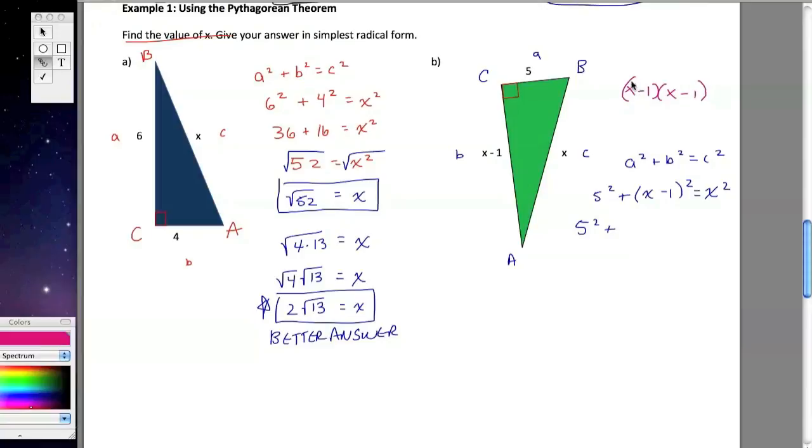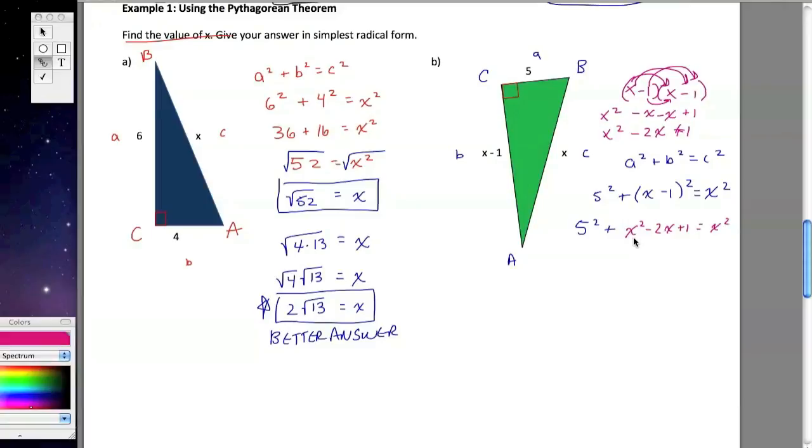So I have front x squared, outside minus x, inside minus x, last plus 1. So I have x squared minus 2x plus 1. x squared minus 2x plus 1 is equal to x squared.